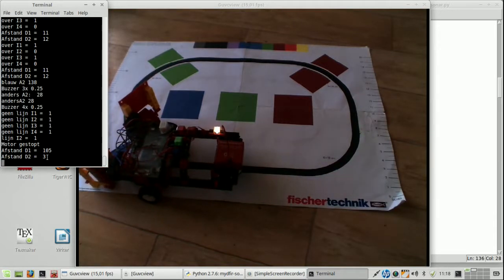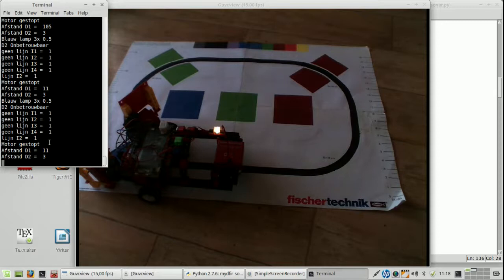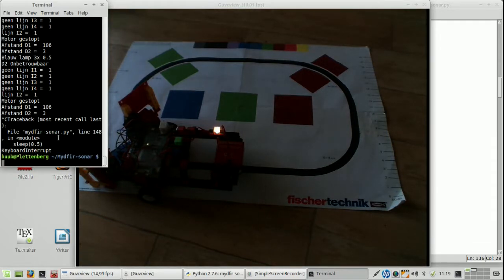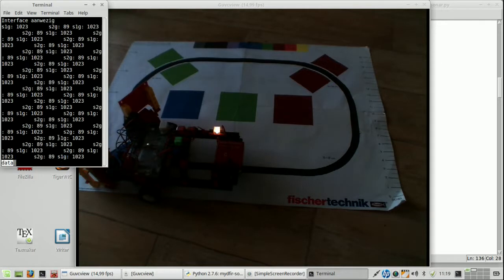Going off the line. But what do I see here? D1 changing to 106. This is strange.